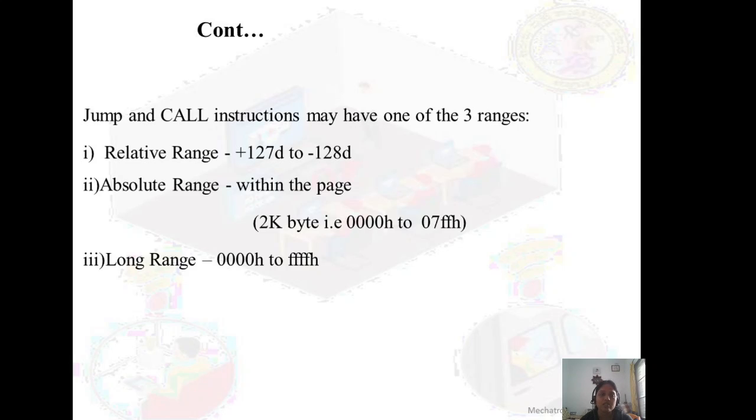Absolute range means it will be within the page. The range will be 0000H to 07FFH. Next, long range. Long range will be 0000H to FFFFH. Understood?